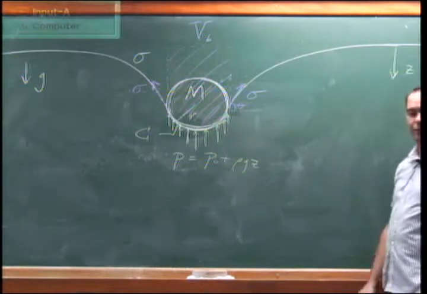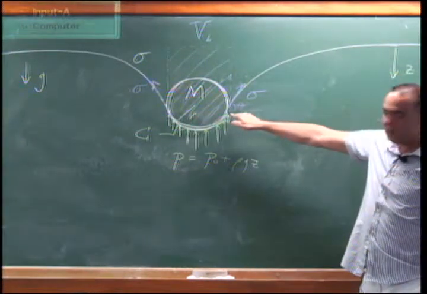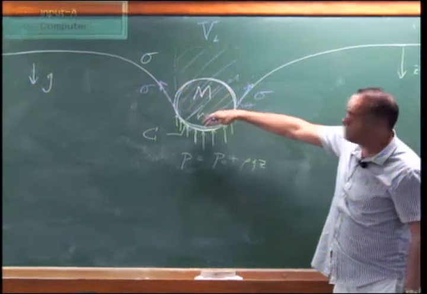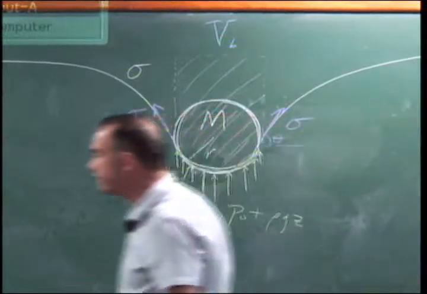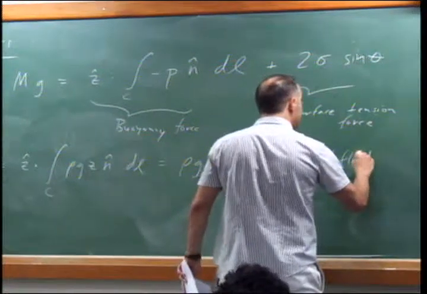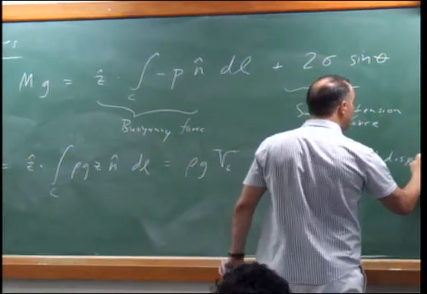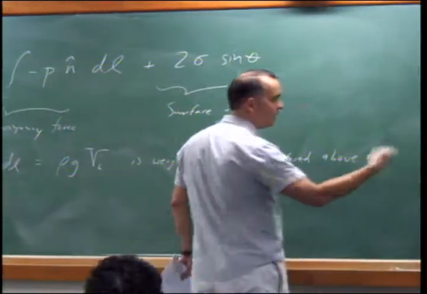So the buoyancy force, by integrating the pressure along this bottom, rho g z, you simply get the weight of the fluid displaced above the body. So it's above the body, but inside the contact line.